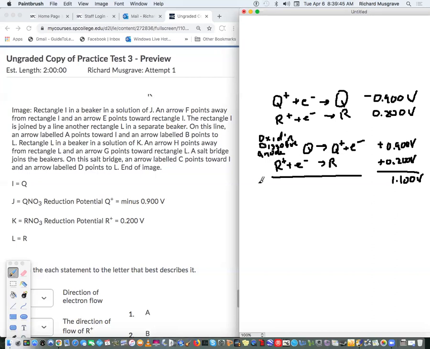So for the other one, it's a reduction because the electrons are on the reactant side. It's plating. The R plus is turning into R. And it's the cathode. So those would be the things I would write down for each of these. Does anybody have any questions so far?